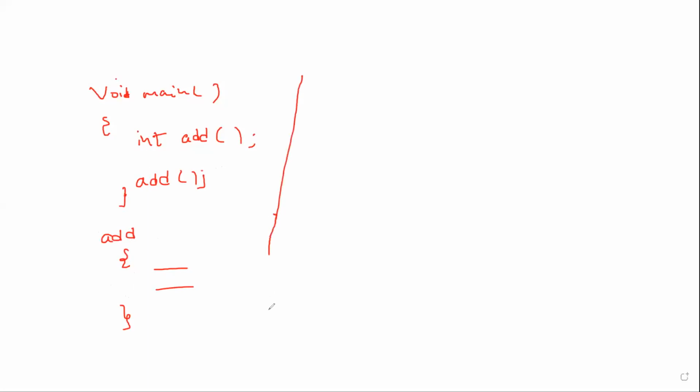But in Python we no need to declare curly braces. If you are using a function, add. Here indentation means it gives some space. After some space you need to write statements.